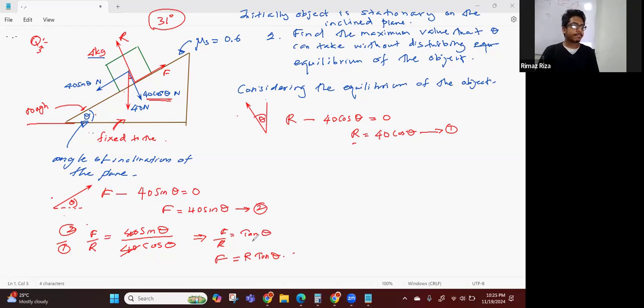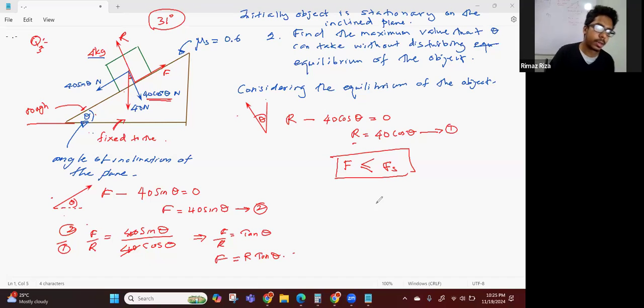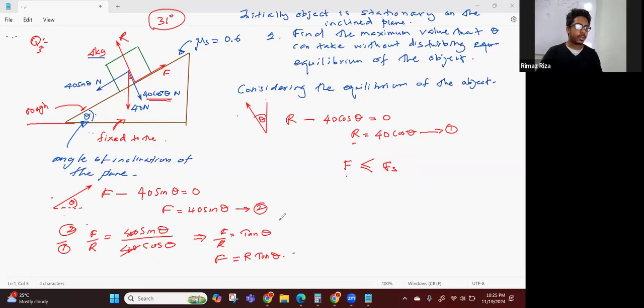Here we know that the friction force is always less than or equal to Fs. It's very important. Now we want to find the maximum value of the angle. So F equals R tan theta is less than or equal to Fs.